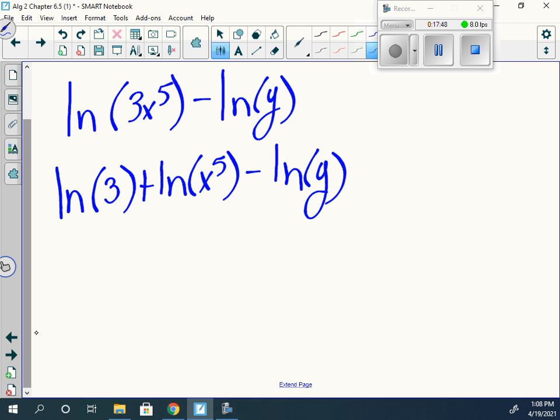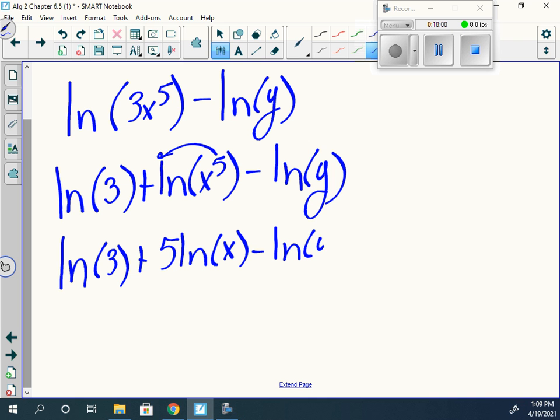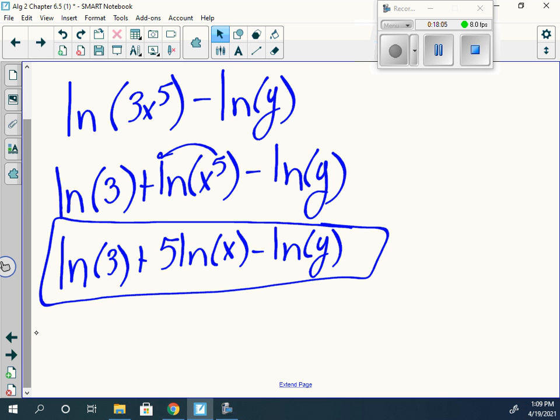Anything else we can do? We can move the 5 out front, which would be ln of 3, plus 5 ln of x minus ln of y. And that is as simplified as this gets. We can't get this any simpler than what we have here, because 3 is by itself, and that's as small as it'll go. x is by itself, and y is by itself. So that's all that we have for this here.